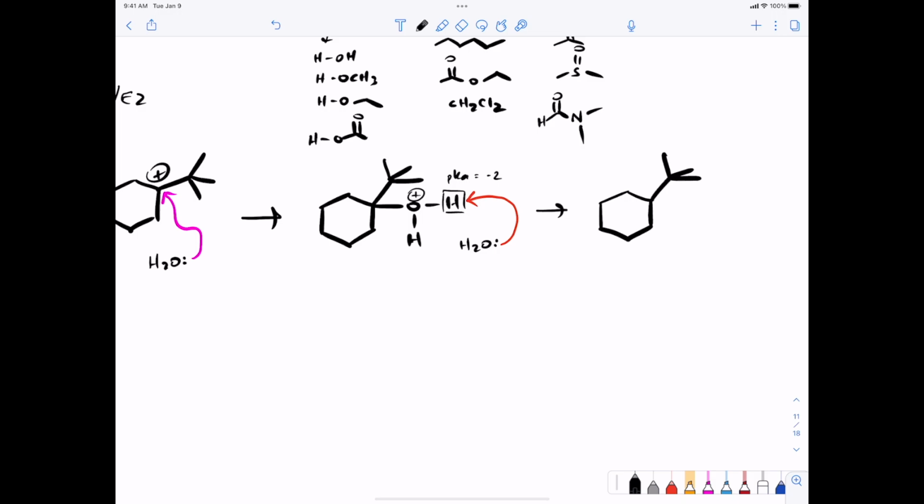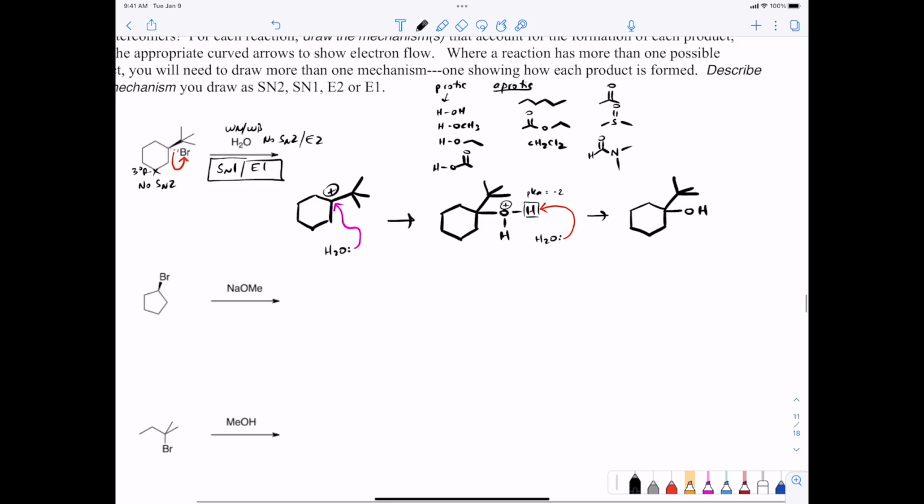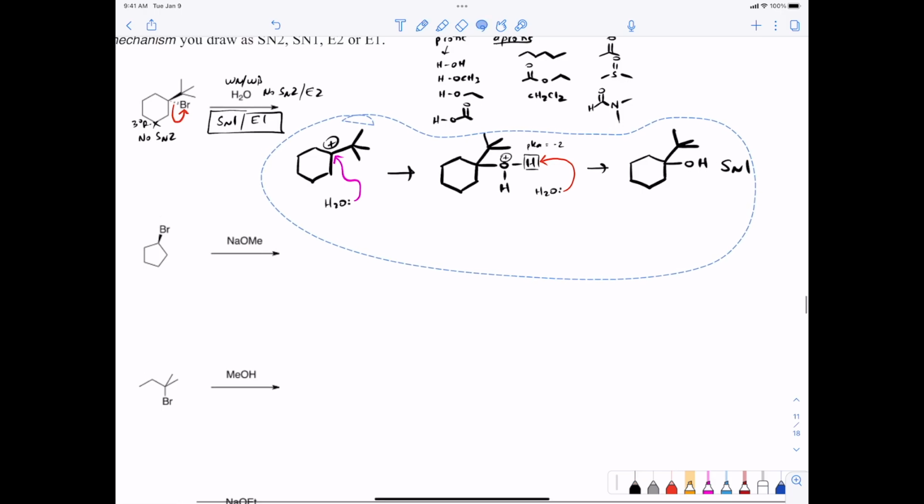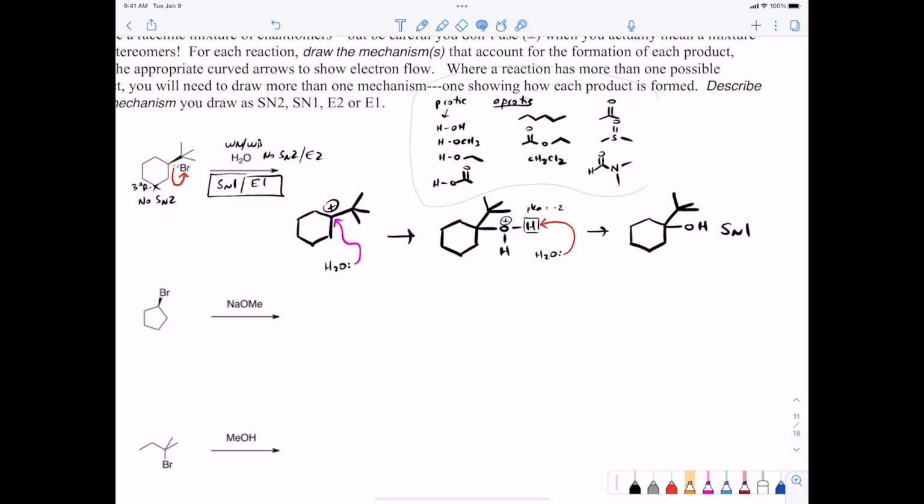Normally in organic chemistry we don't isolate charged species, we isolate their neutral counterparts just because of the practical aspects of synthesis. Now that's the substitution product. We have to deal with the elimination product. Let me just erase these solvents here.